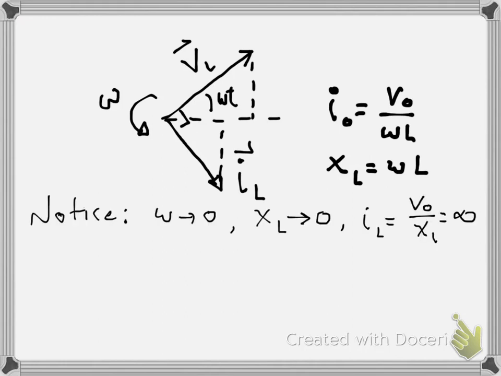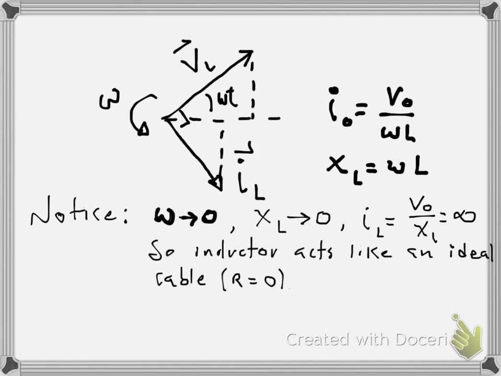Now notice that according to this dependence of the reactance of the inductor and the peak current, when the frequency of the source goes to 0, is very low, then the inductor reactance is also very small, which gives us a current in the circuit that goes to infinity. So that tells us that at low frequencies, the inductor acts like an ideal cable.